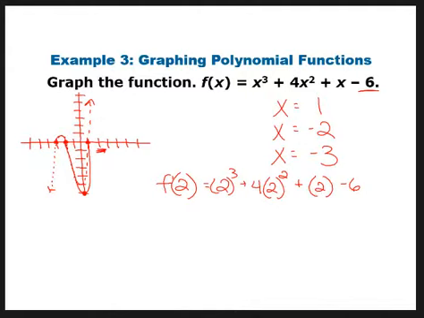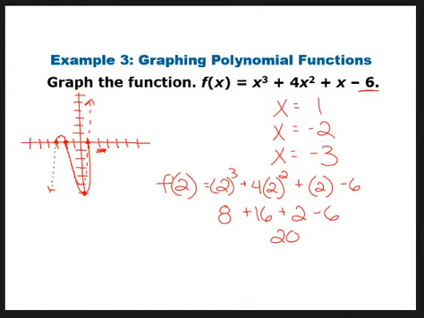Okay, so again, we're just picking random x values to try to get a better idea what this graph is going to look like. So that's going to give me 8 plus 16 plus 2 minus 6. So you can see how we're going to end up with a pretty big value there when we fill in 2. All right, so 8, 24, 26 minus 6 can be 20.